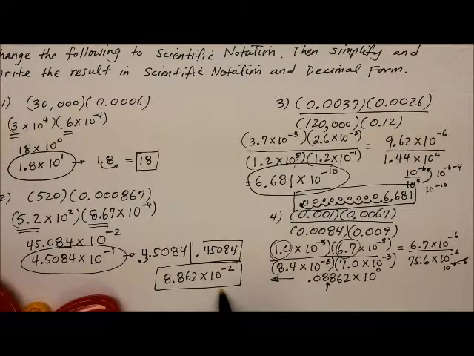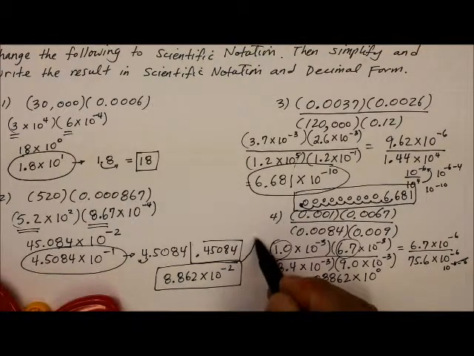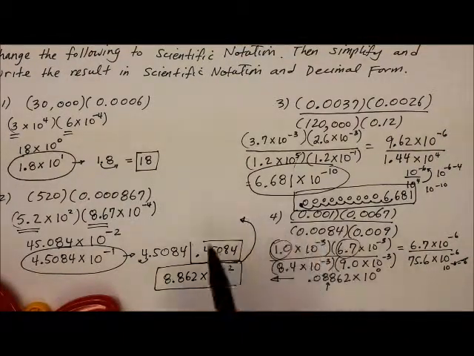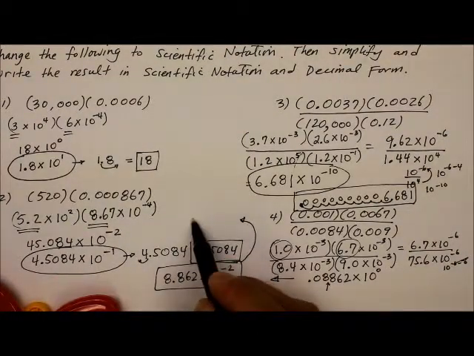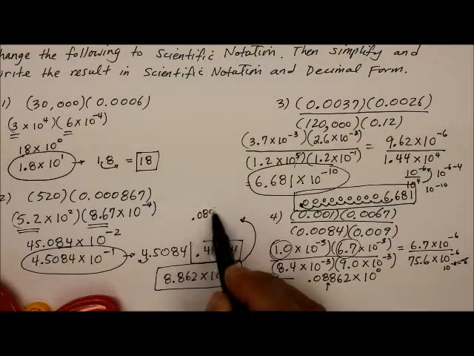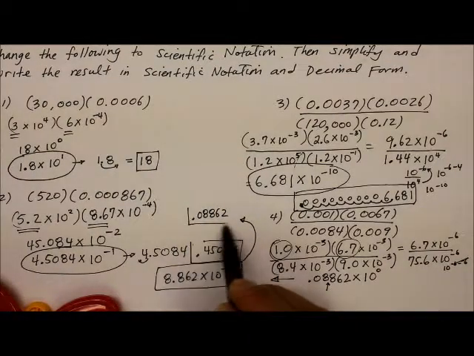And that's in scientific notation. And of course, to make this into a decimal form, we're running out of space over here. It means to take that decimal and move it left twice. So it becomes 0.08862. So that is the decimal form.